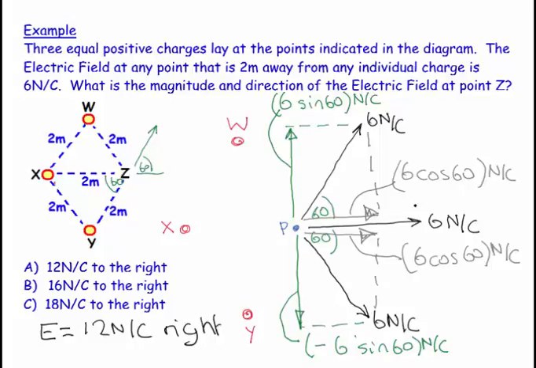But it's testing you on vectors, and on whether you feel comfortable with electric fields. I could change one of these to a negative charge rather than a positive, and then change the direction of one of these vectors. It's a very versatile question. So there we have it.